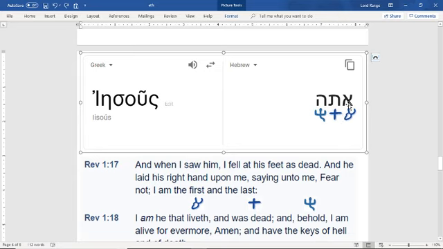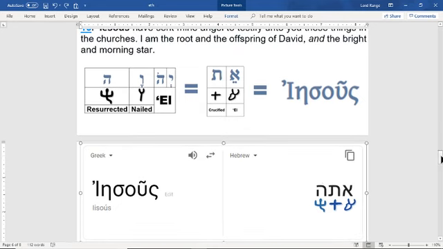So Jesus, when you translate it back to Hebrew, is the first and the last. And this is that symbol Hey. So when you translate this back to ancient Hebrew, and this makes perfect sense, Jesus is El, who was crucified and resurrected. So, in other words, Jesus, Et, Atah, Jehovah, they all mean the same thing.